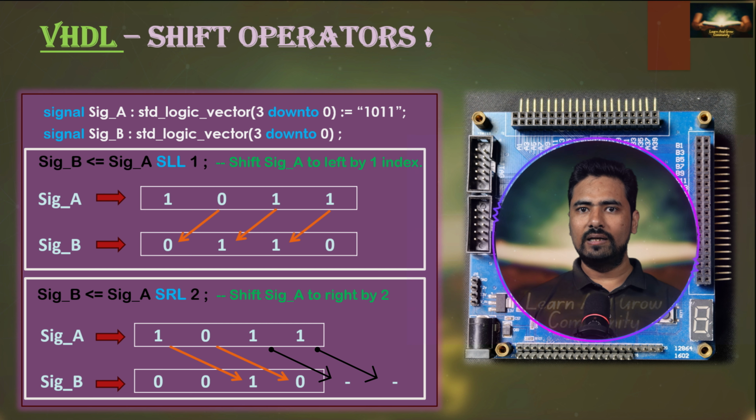So the last 11 are shifted out and 1011 becomes dash dash 10. Now this dash dash is replaced by 0 0 and you will get the value 0 0 1 0. Now this 0 0 1 0 value will be assigned to signal B. So finally signal A will be 1 0 1 1, which was the initialized value, and signal B would be 0 0 1 0 after shifting the 2 bits to the right.